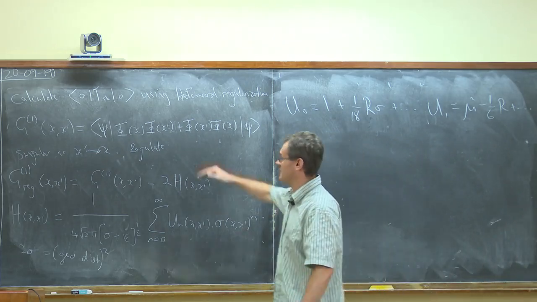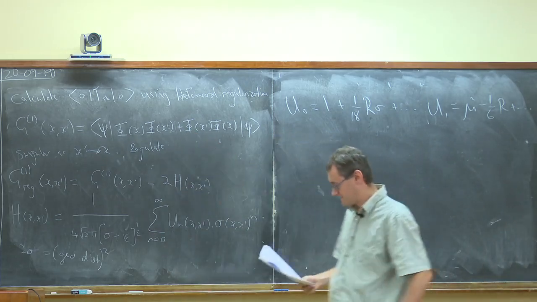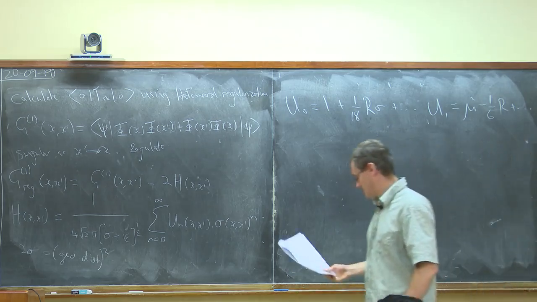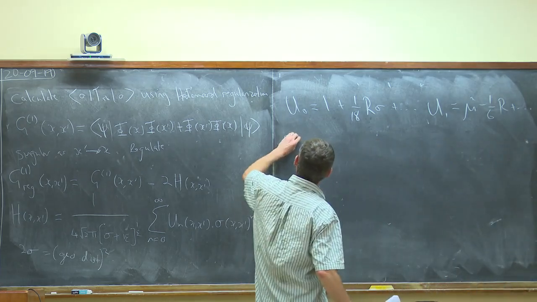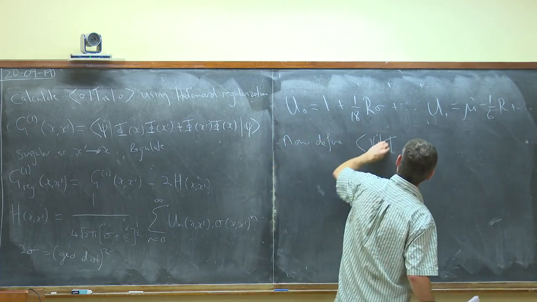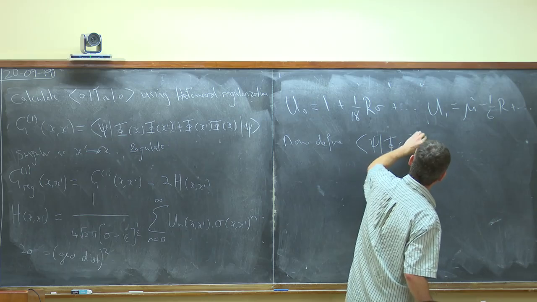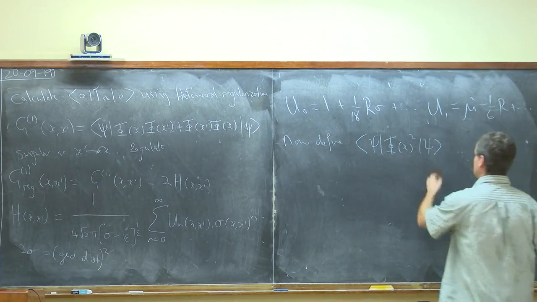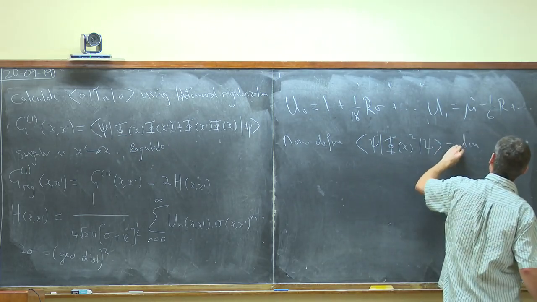Yeah, and it will be finite for any other state. So given this thing, you can now define the renormalized value of phi squared by taking the coincident limit of this thing here.